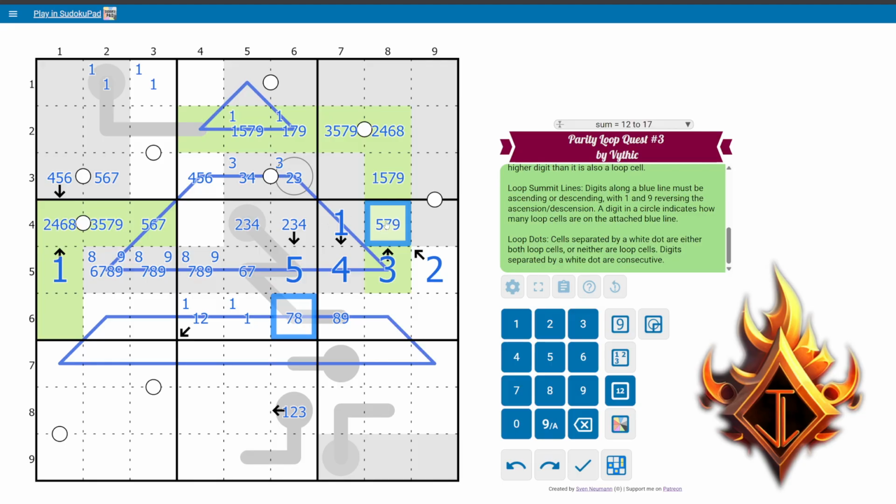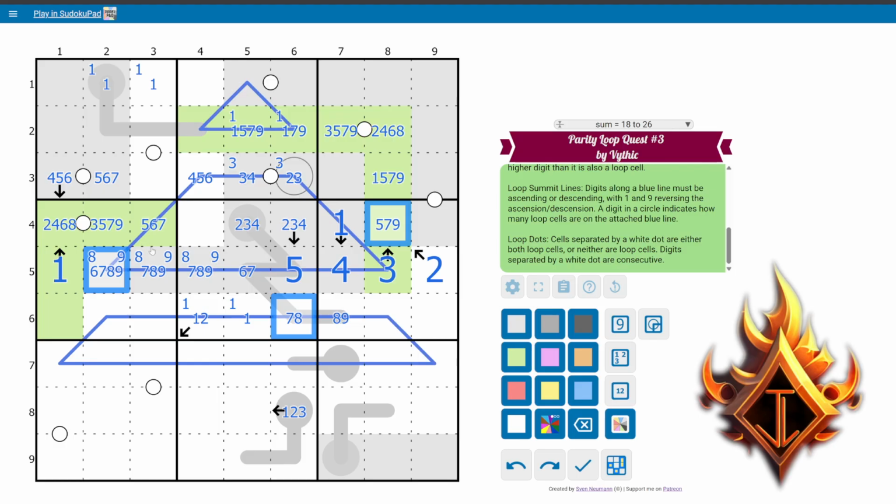Ah, no, it cannot. If it was 7, oh yes it could. 7 could be here in the corner.